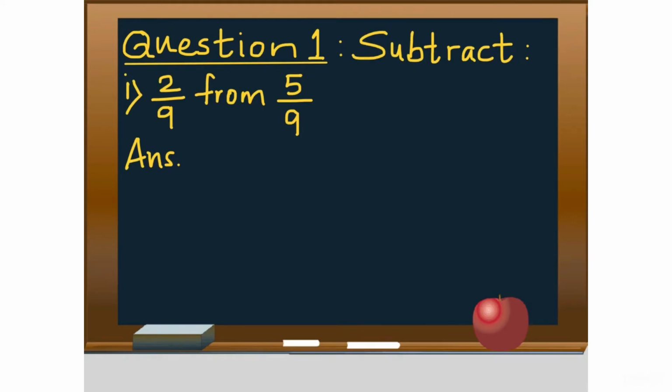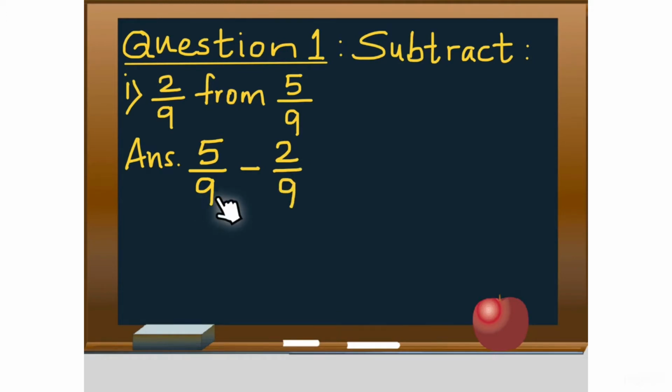First question. Subtract 2 by 9 from 5 by 9. You can see that in this question the denominators are same. Always remember that after "from", whatever expression is given should be written first. 5 by 9 minus 2 by 9.